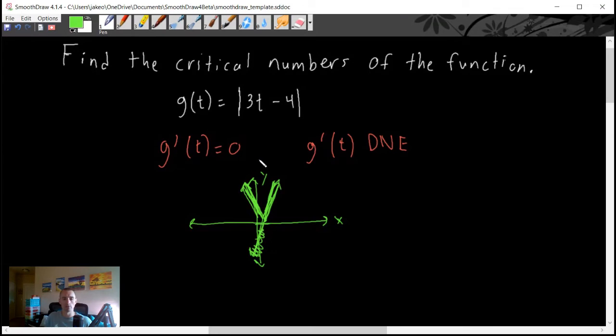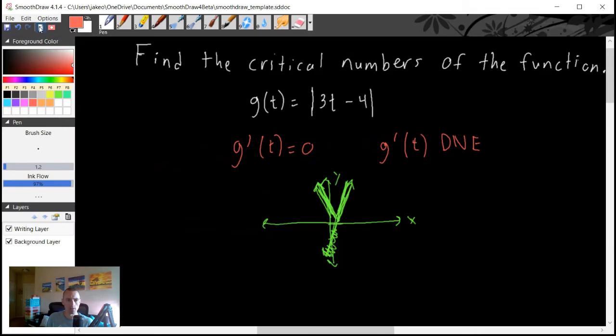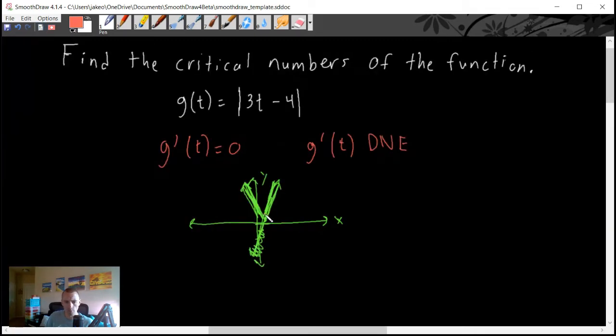When you're taking the derivative of this function, something weird happens just right here at the sharp corner where you flip from the original linear function to the mirror imaged side of it.